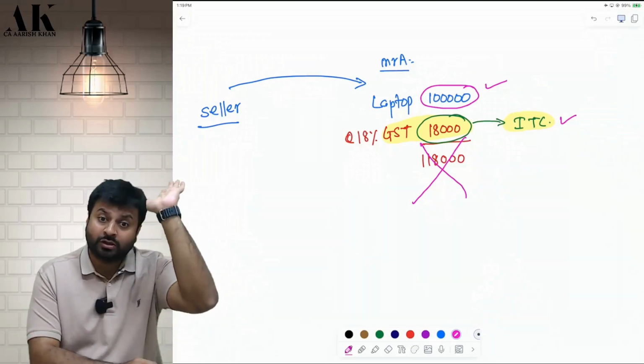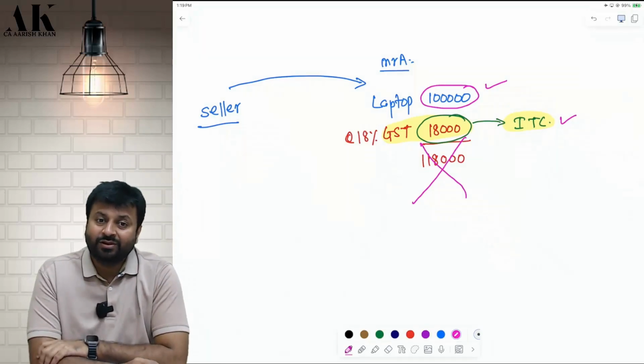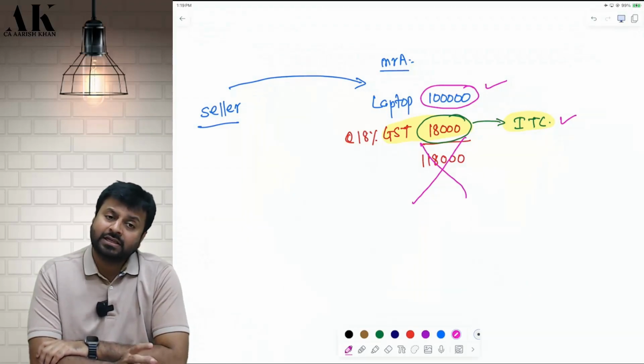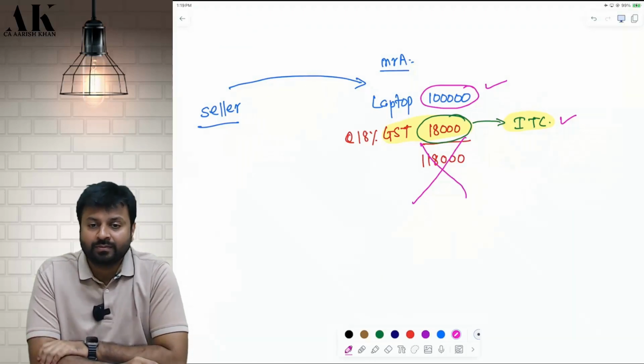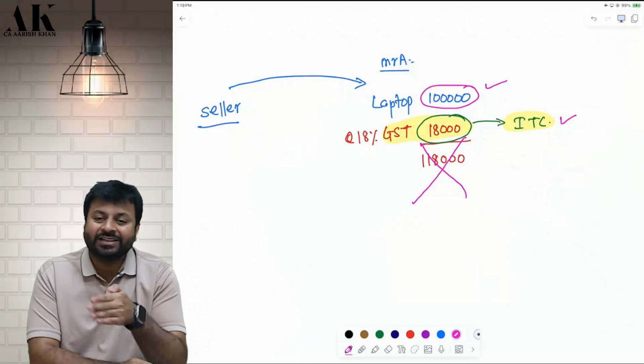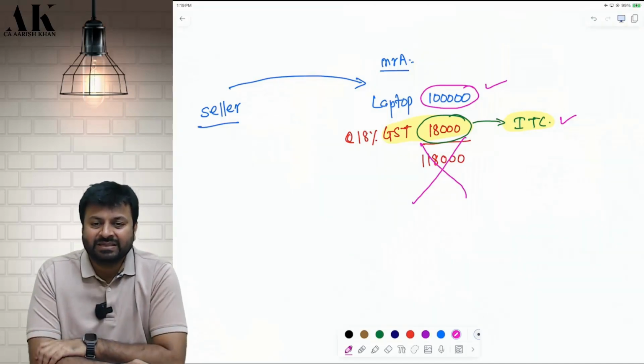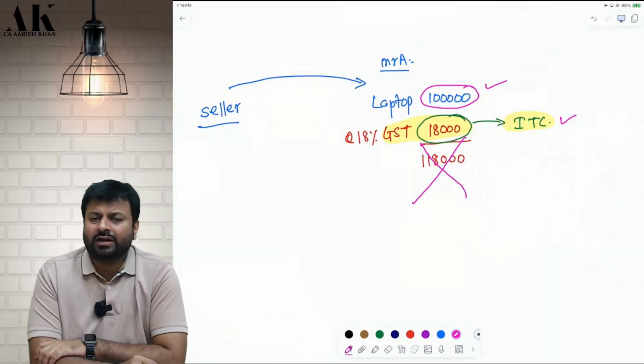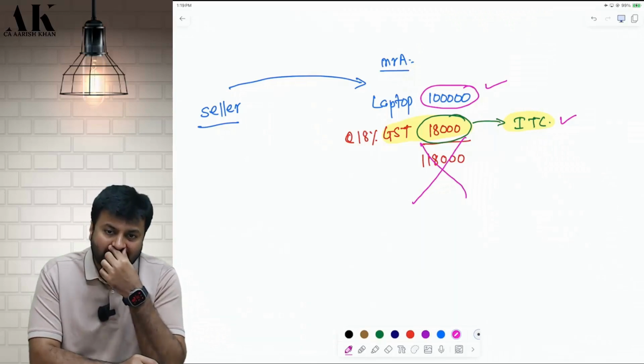For laptop, the government is saying if you want to take GST credit, take GST credit. If you don't want to take GST credit, take income tax depreciation on entire 1,18,000. But for car, there is no choice because that is blocked under GST. For car, you have to claim depreciation because GST credit is not available on car. Are you clear? Please tell me.